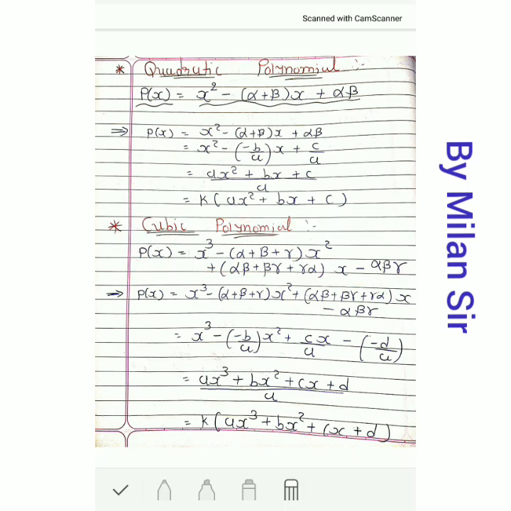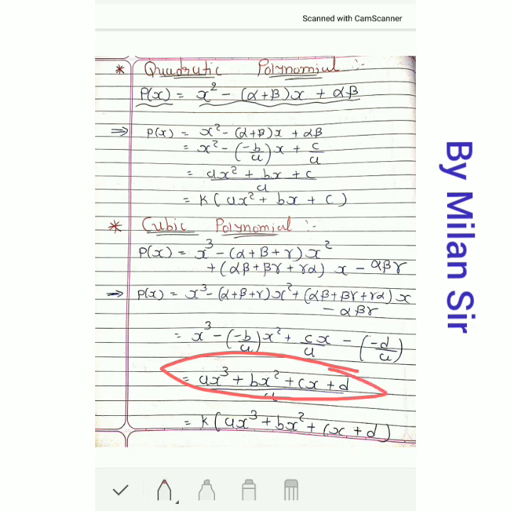Okay, now put the value of these three things, that means x cube as it is, alpha plus beta plus gamma, we already learned it, minus b by a, then alpha into beta plus beta into gamma plus alpha into gamma, it is c by a, and at last alpha beta into gamma, it is equal to minus d by a. Okay, then take LCM.